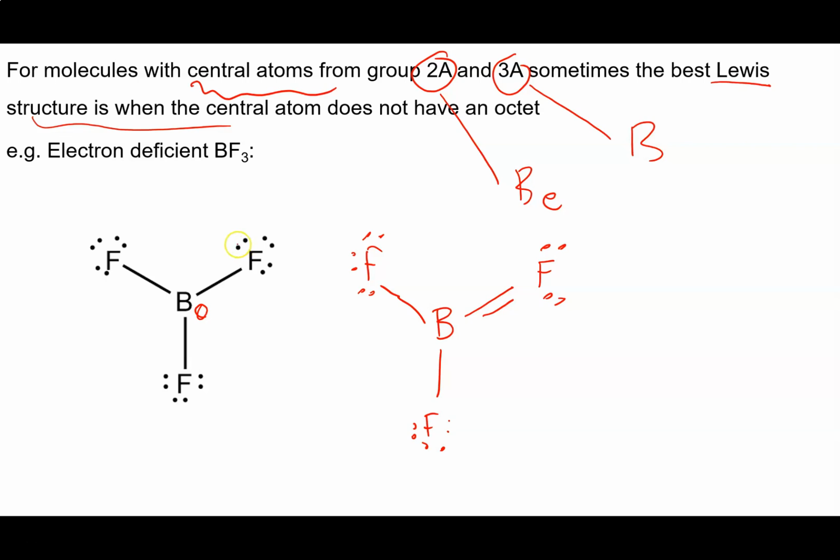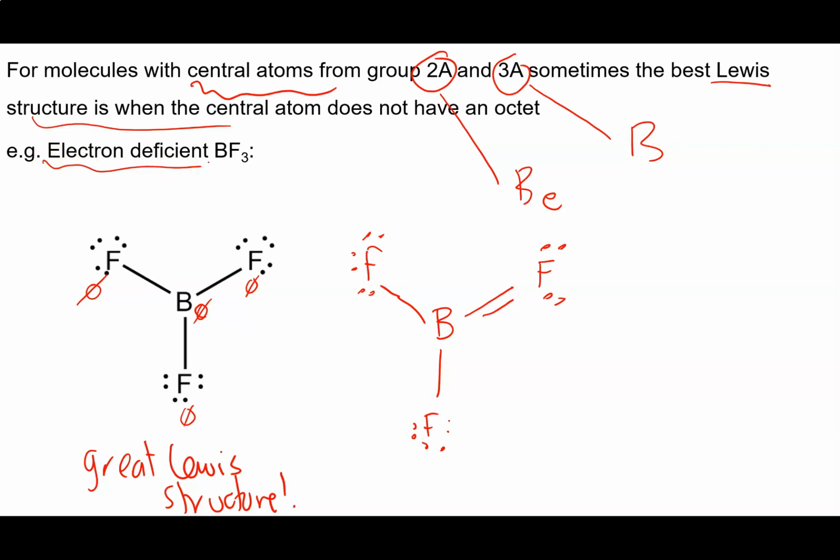So 7 minus 1, 2, 3, 4, 5, 6, 7. So the fluorines also have formal charges of 0. So this is a great Lewis structure, even though the boron doesn't have a complete octet. It's what we call electron deficient.